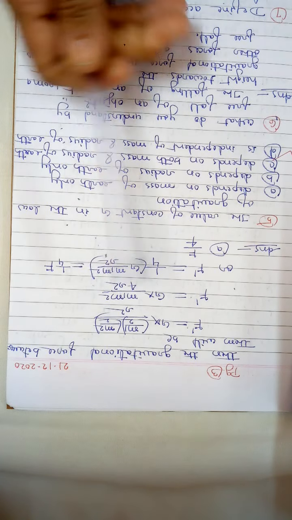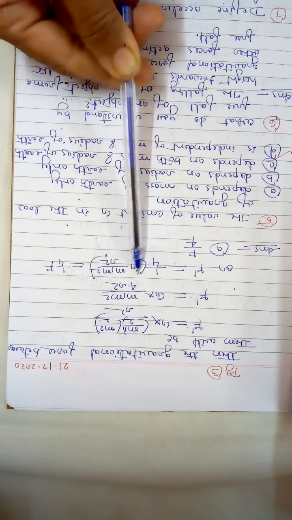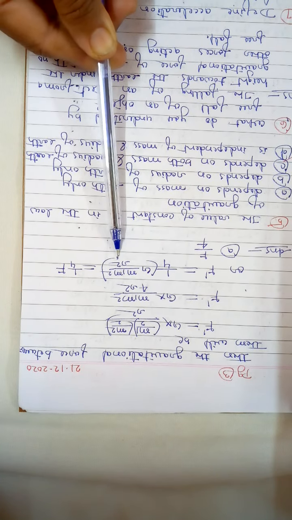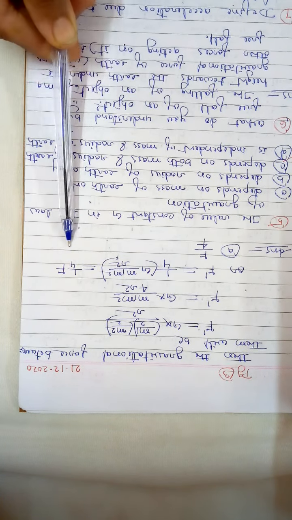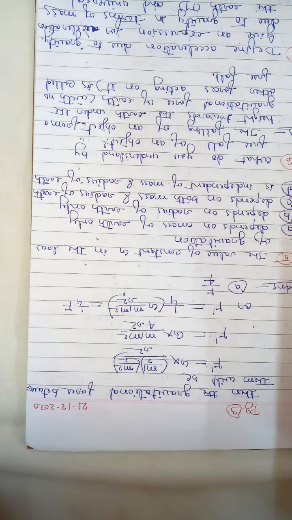Now by rearranging we can write f dash equals 1 upon 4 bracket G m1 m2 upon r square. This is the value of f. So f dash equals 1 upon 4 f. That means the new gravitational force will become 1/4 of the previous one.